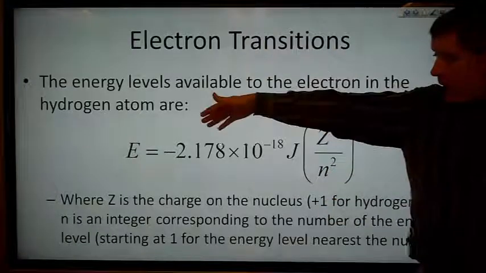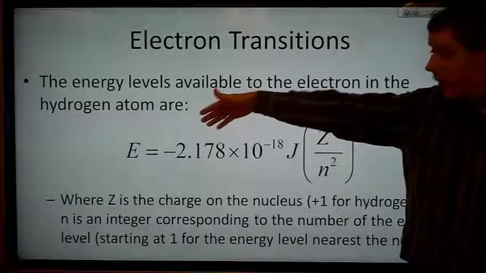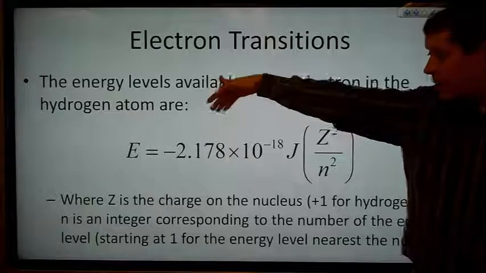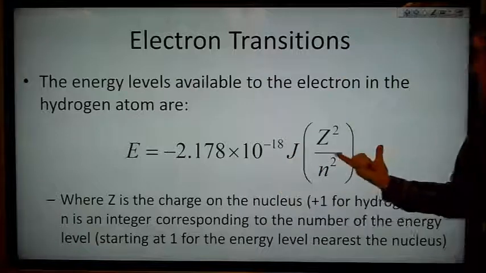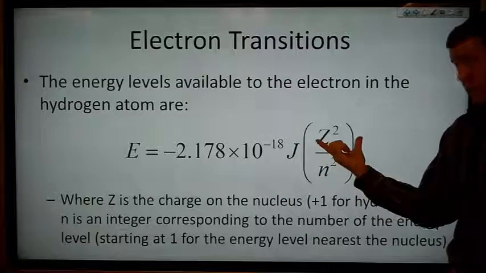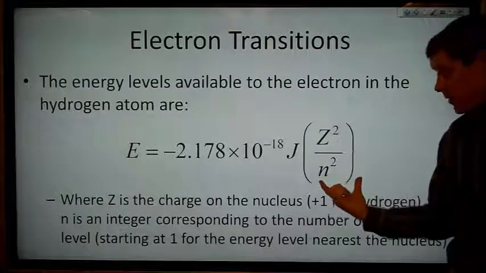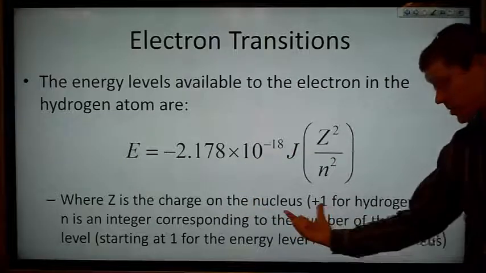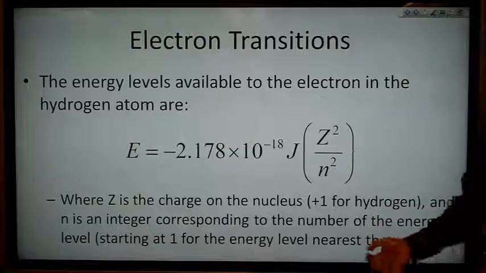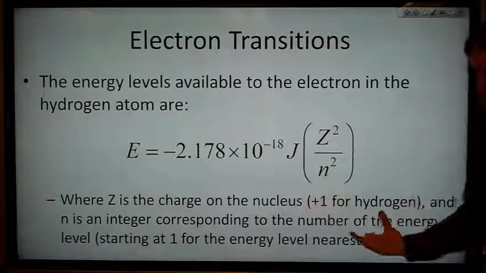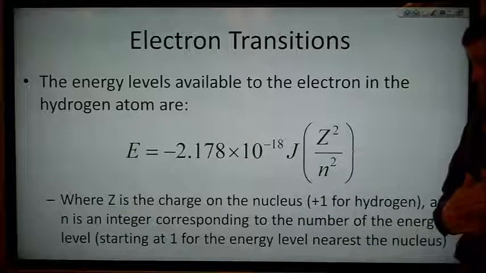So, E, the energy of that energy level, is equal to minus 2.178 times 10 to the minus 18 joules times Z squared over N squared, where Z is the charge on the nucleus, which for hydrogen is positive 1, and N is an integer corresponding to the number of the energy level.